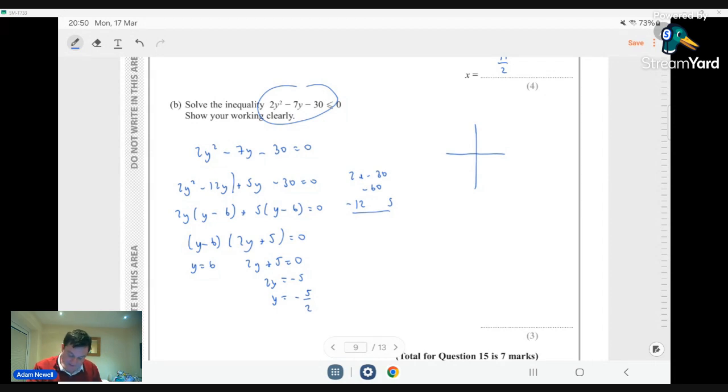So drawing that graph, it crosses the y-axis in this case at 6 and minus 2.5. It looks like that. I suppose my minimum point should come down here, but it doesn't matter so much for this question.